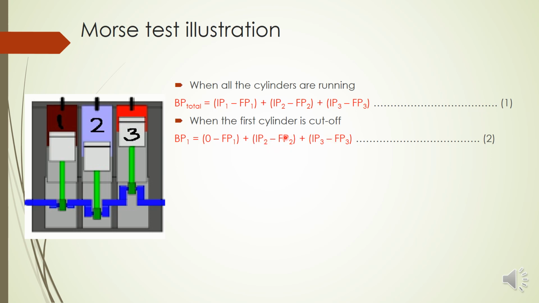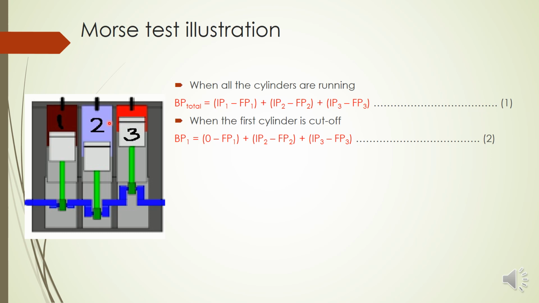Second no change, third also no change. So the only difference in equation 2 is that the indicated power of the first cylinder becomes 0. What will be the same equation when the second cylinder is cut off? Now we are connecting the first back and cutting off the second cylinder.